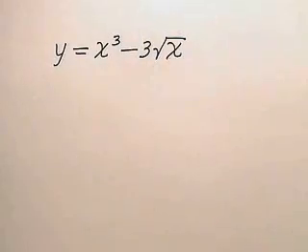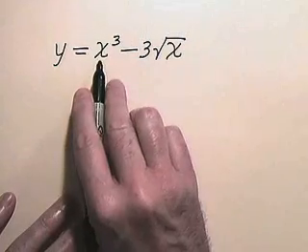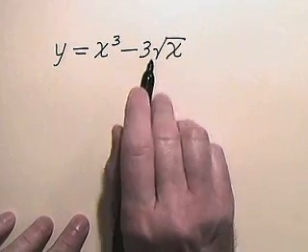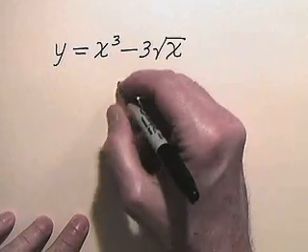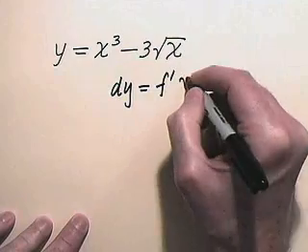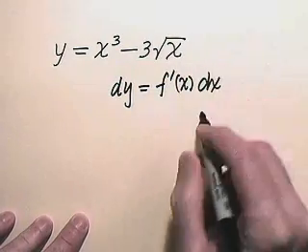Now for practice, let's calculate a differential. Here I have the function y equals x cubed minus 3 times the square root of x. So remember, for the differential, we have dy equals f prime of x times dx.